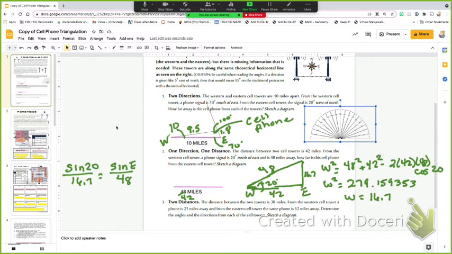You should be able to be doing this. If you did enough of the problems in the homework, you should be able to be doing this pretty quickly. And don't forget, you've got to sine inverse it. 79 degrees, 79.4.